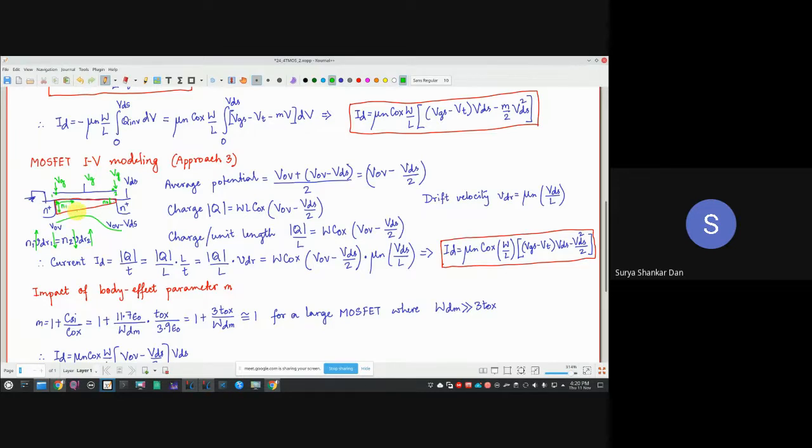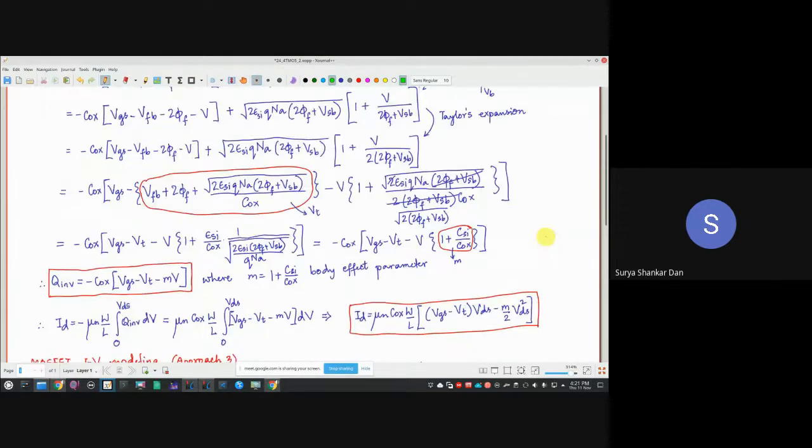Very good. So now if we take the case of a simple trapezoid, what is the average potential which is influencing over here? On region 1, that means the source channel junction, you are having VOV as overdrive. On the drain channel junction over here, you are having VOV minus VDS. So what is the average? This is the simplest method of getting this relation, because when you are going for an interview, if you forget the surface potential based modeling, this is, by the way, called the charge based modeling.